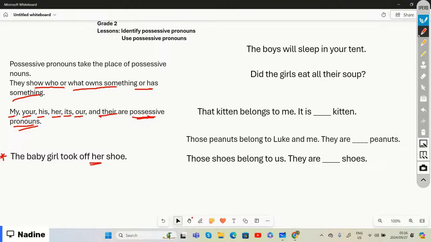All right, so we're going to look at another example that will show possessive pronouns. So we're going to identify the possessive pronouns within that sentence.